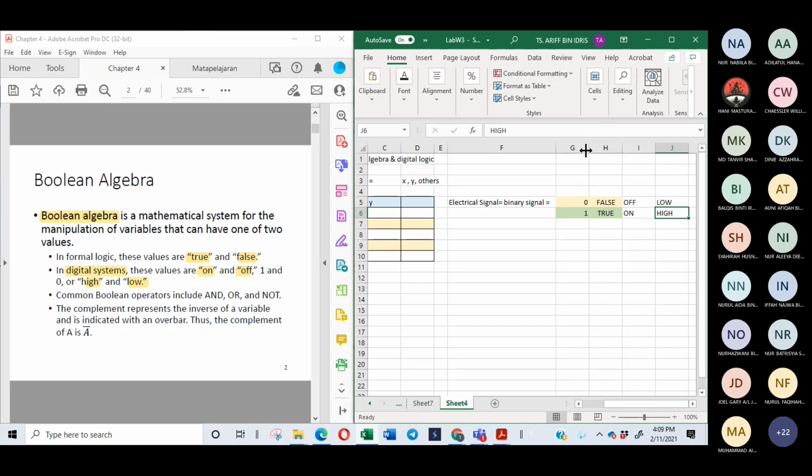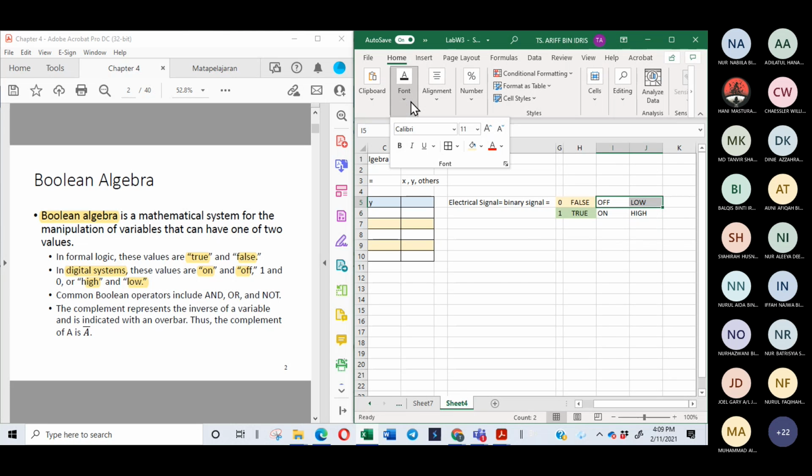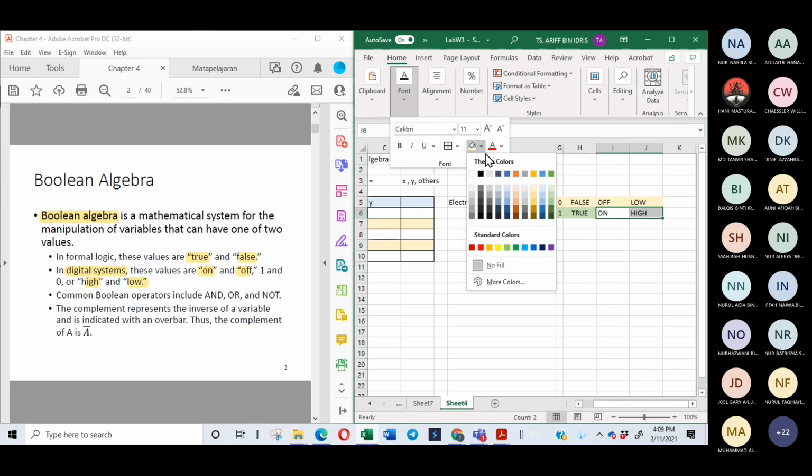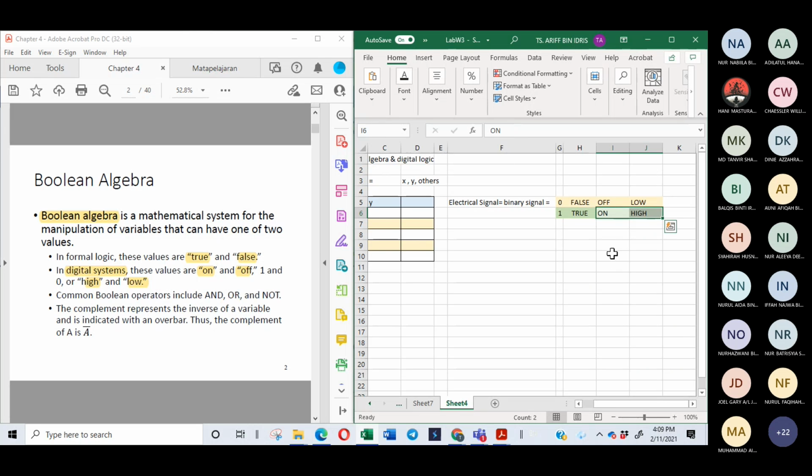So I have summarized here the difference between 0 and 1. I hope you can take note. So 0 can be determined as false, off, or low. And 1 is equivalent to true, on, or high.